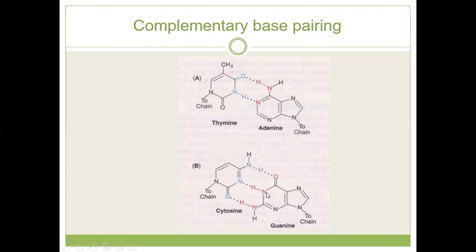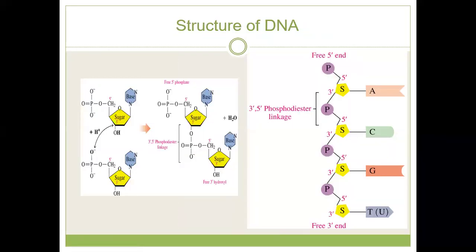Whereas wherever you see deoxyguanylate, it will bind to deoxycytidylate, or you see deoxycytidylate, it will bind to deoxyguanylate. Is that clear? Yes, sir. Okay, now let me use this structure. We have this as a polynucleotide.